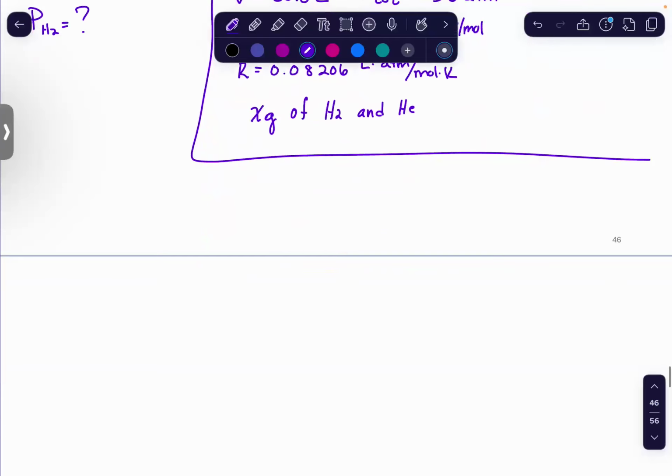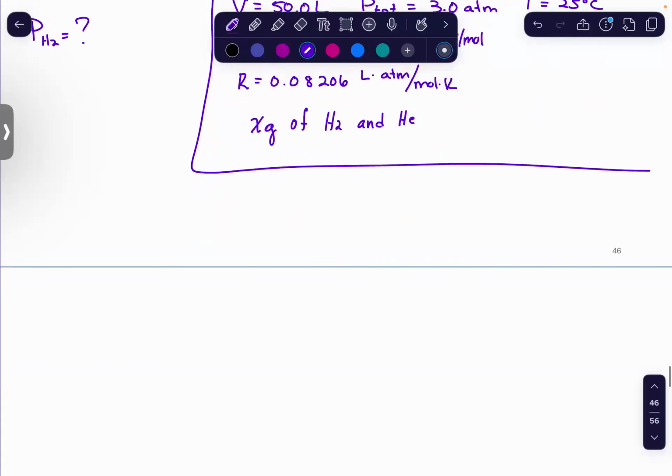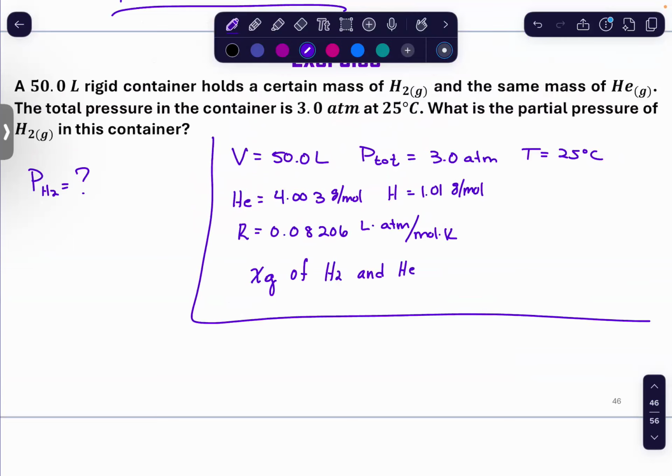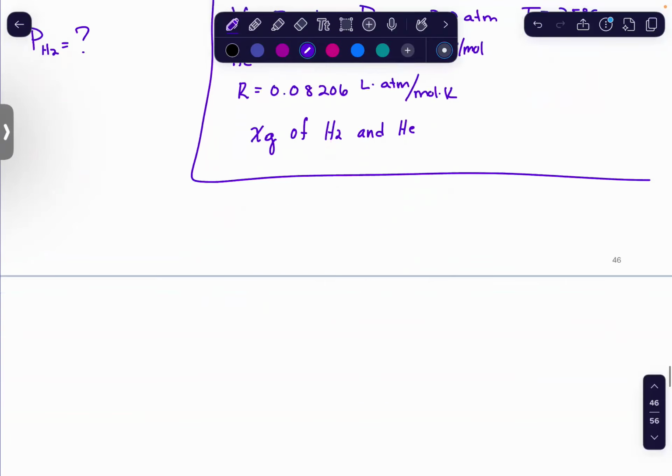Well, I wrote R down. This is a good lesson. I wrote R down, but I end up not needing it, so that's fine. Again, you want to make lists of things you might need to solve this problem.